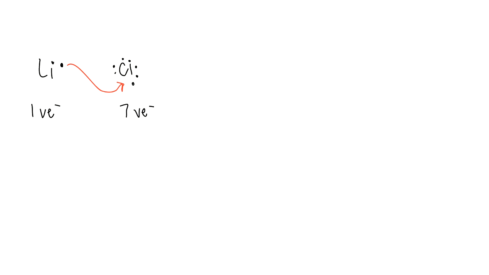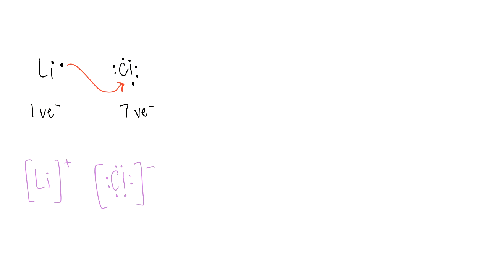So lithium lost its electron, so we know it's going to have a positive charge, and anytime we're dealing with something that's charged, we put these brackets around it in a Lewis structure. So lithium now has brackets because it is positively charged, and then our chlorine now has the full octet of its 8 electrons. So since it gained 1 electron, it became negatively charged. And that's where we get the Li and the Cl together.